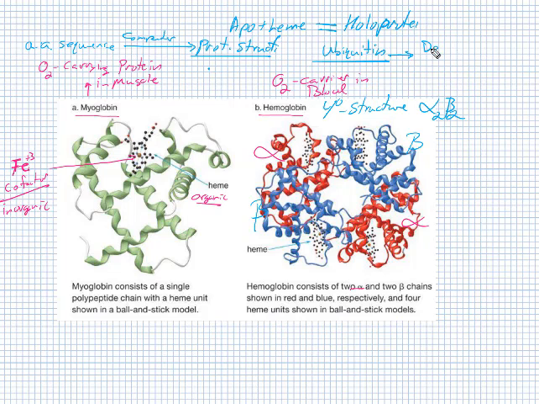It can be denatured, so you could add HCl. You could remove the HCl, so just neutralize, and you get the folded protein back again.